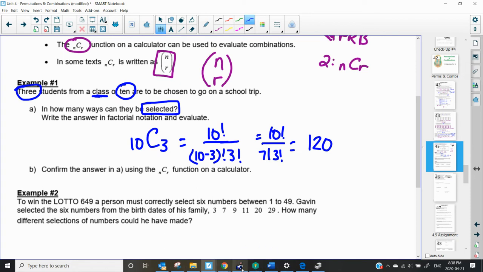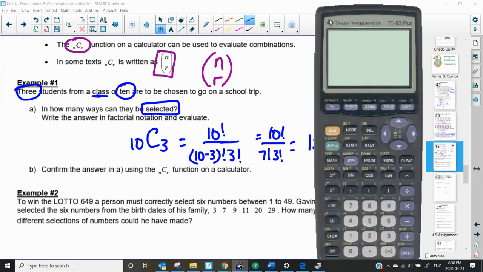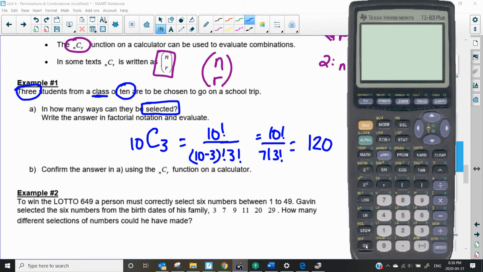Now, we'll go through some review of how to put that into your calculator. We're going to have 10 factorial. So 10, math, back to 4 for factorial. Again, remember the part in the denominator has to be in brackets. So 10 minus, I'm just going to do the 7 factorial, 3 factorial.